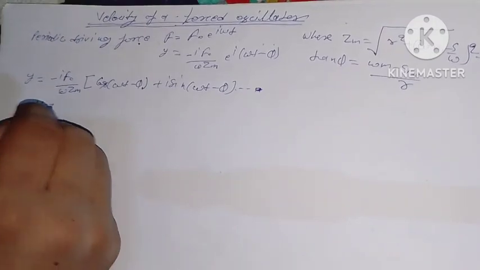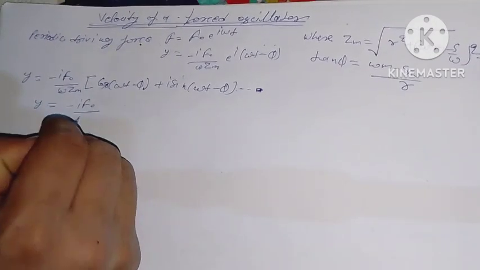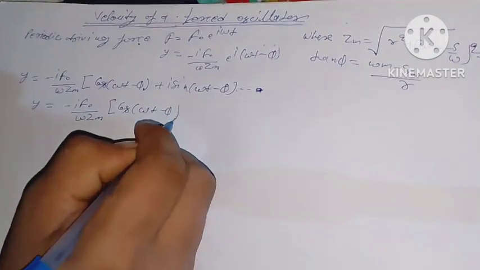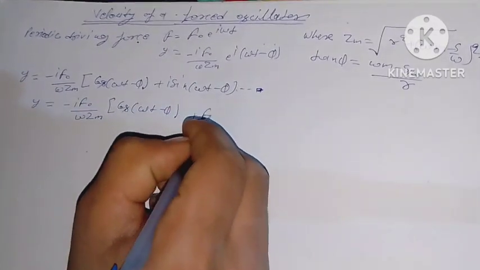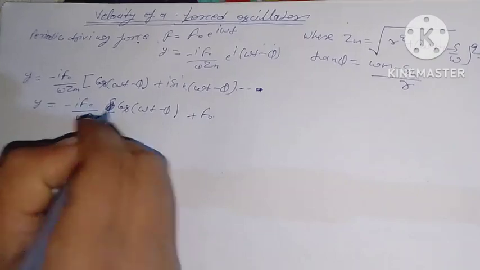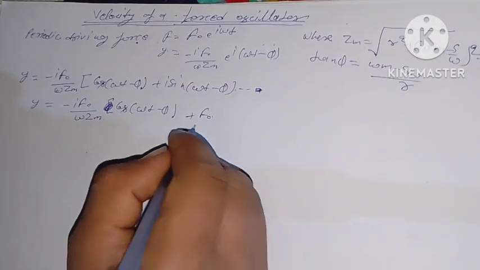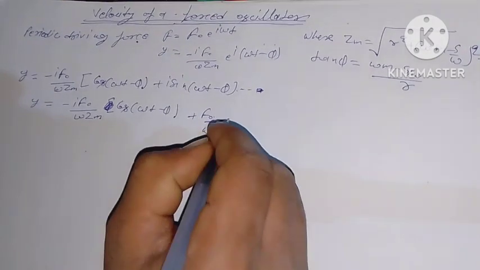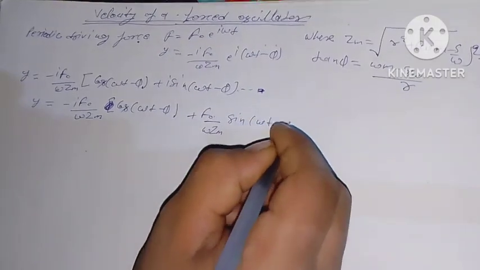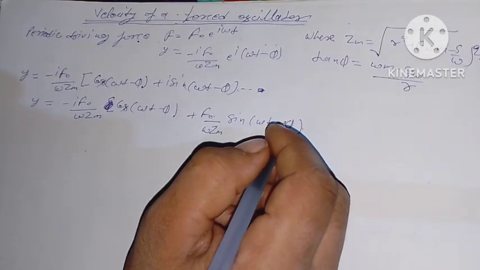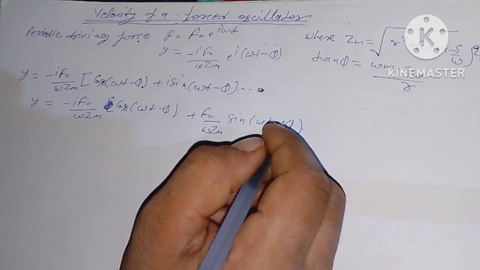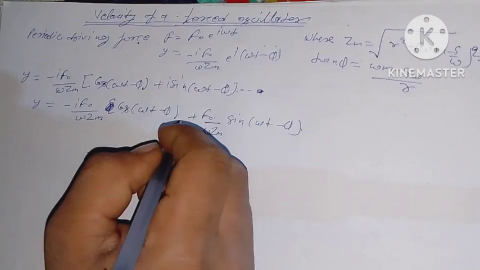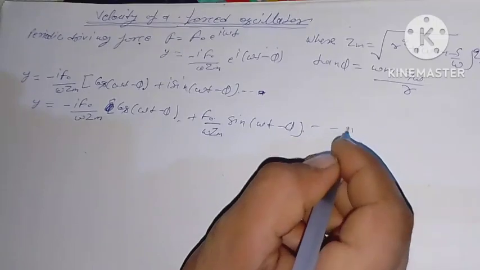Then y equal to minus i F naught upon omega Zm in bracket cos omega t minus phi plus F naught upon omega Zm sin omega t minus phi. Then this is equation number 2.